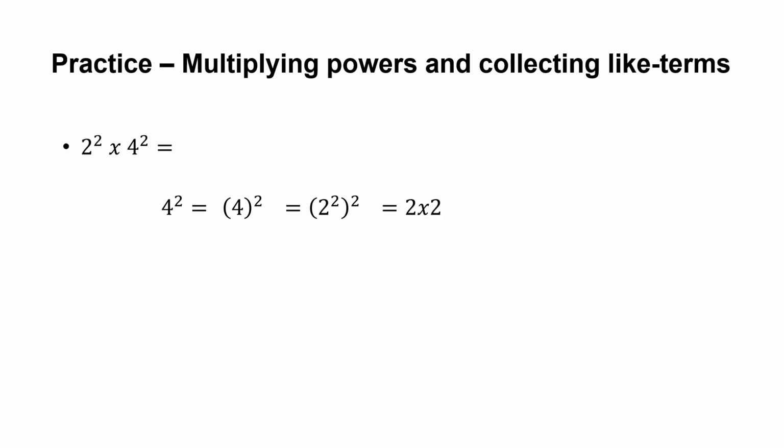What we can then realize is that if we're squaring 2 squared, which is 2 times 2, and if we square something, we just do that twice, don't we? So we've got 2 times 2 times 2 times 2. Well, we can work this out. This is 2 to the power of 4. So we can rewrite this question as 2 squared times 2 to the power of 4. And using the rules we have, this is 2 to the power of 6.